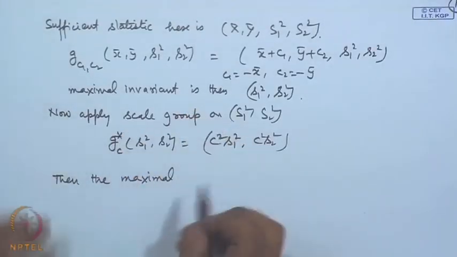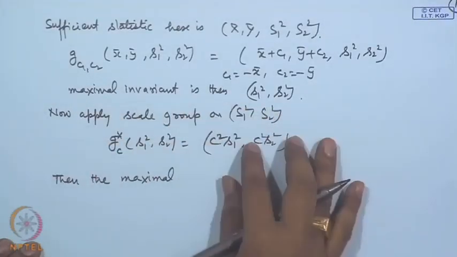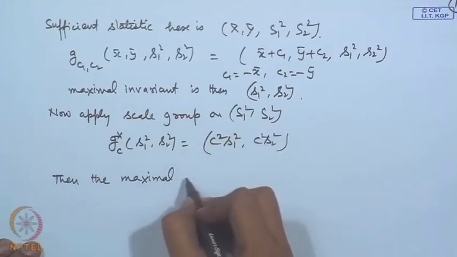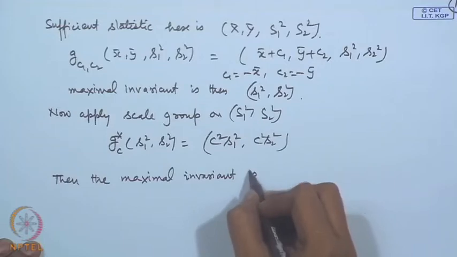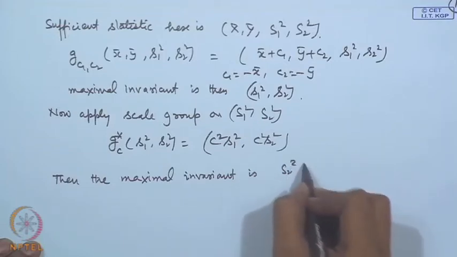So, under this group also there is no change in the problem. Therefore, we can consider the maximal invariant here, S2 square by S1 square.